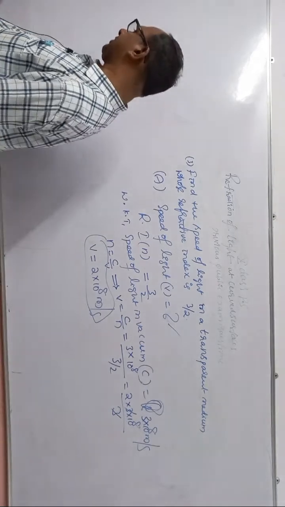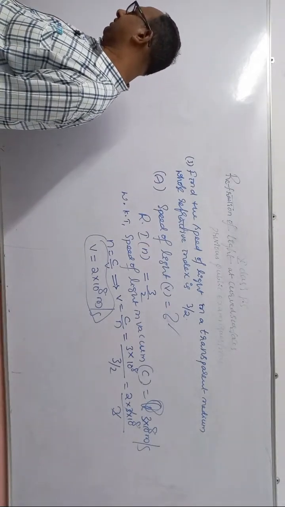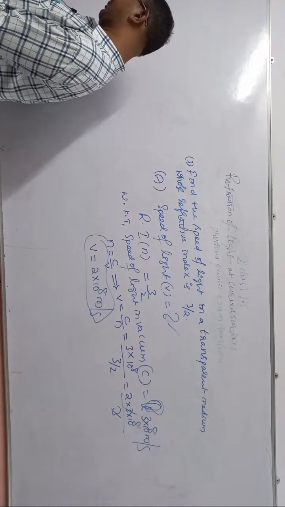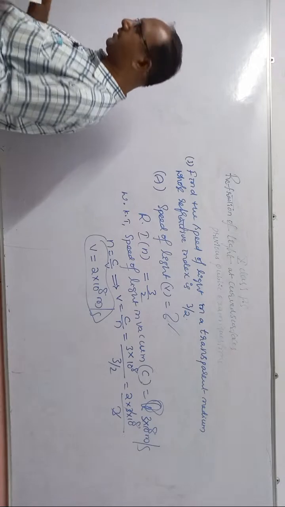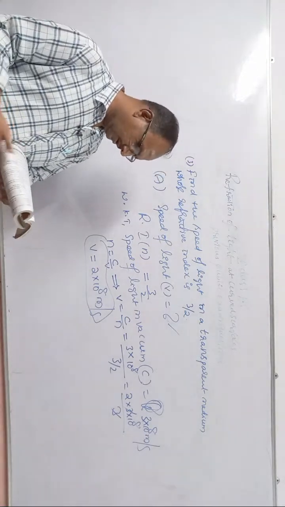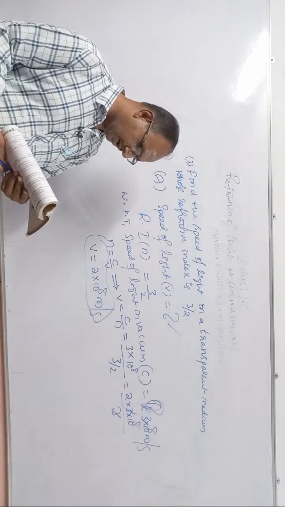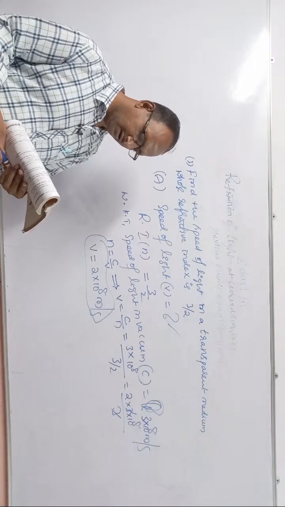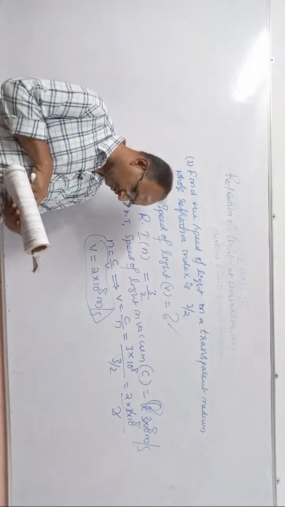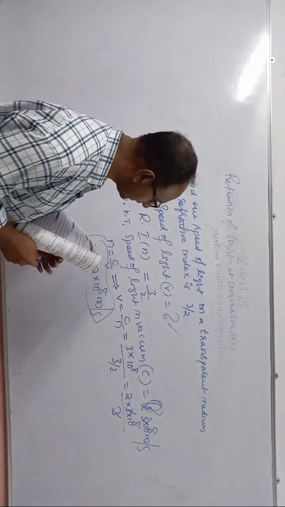Yes, one more question. One more question in 2015, students. Take a bright metal ball and make it black with soot from a candle flame. Immerse it in water. Mention the observation.